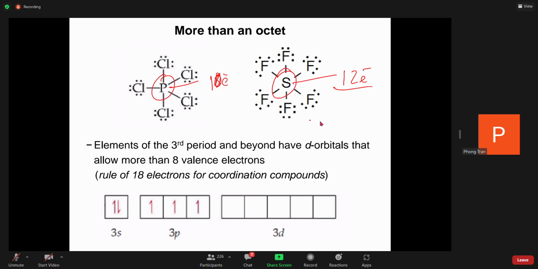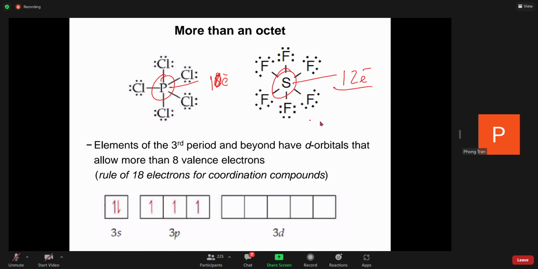The reason, as I mentioned, is that for all the elements from the third row or fourth row, you have d orbitals. And when you have d orbitals, the total orbitals you can have are 1s, 3p, and 5d. So the maximum number of electrons you can go to is 18 electrons, not only 8 electrons.